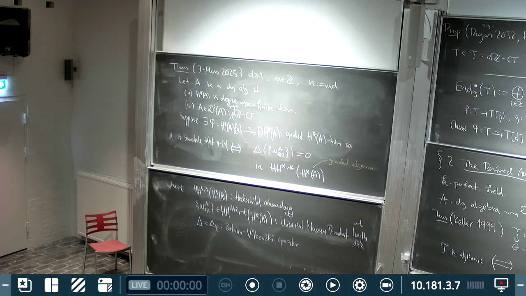But one thing I would like to advertise is that one could look for theorems of similar form, where one can uniquely determine the quasi-isomorphism type of a DG algebra or a ring spectrum or whatever you're interested in by a very small amount of data, that is not so higher structure necessarily, right?